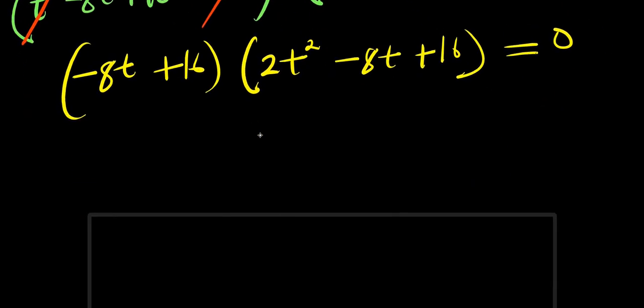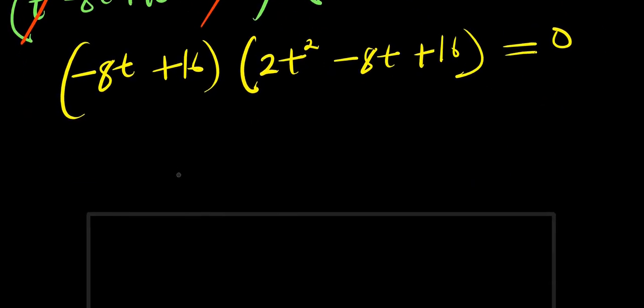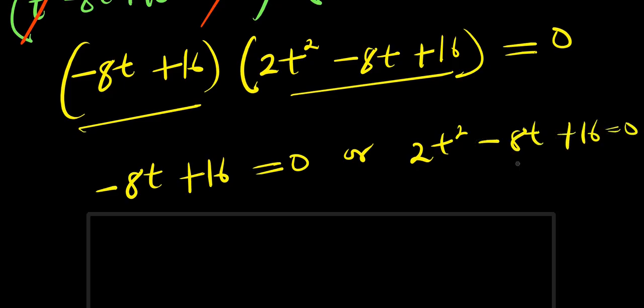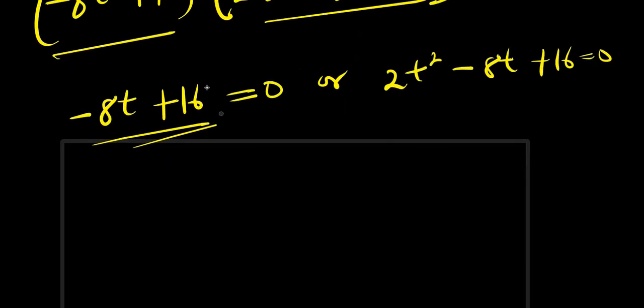So let's equate each of these to 0. We are going to start with this one here. We have negative 8t plus 16 equals 0. Or let's consider this, which is 2t squared minus 8t plus 16 equals 0. So for this, what we are going to do will be to move this 16 over here. It changes to negative 16.